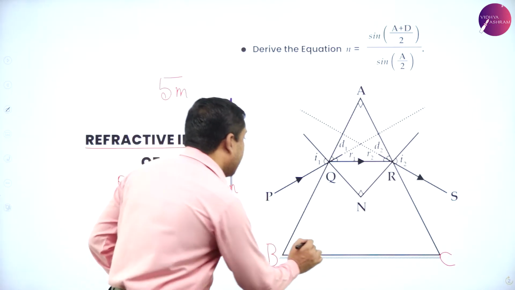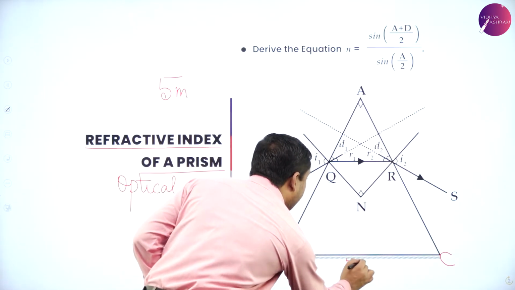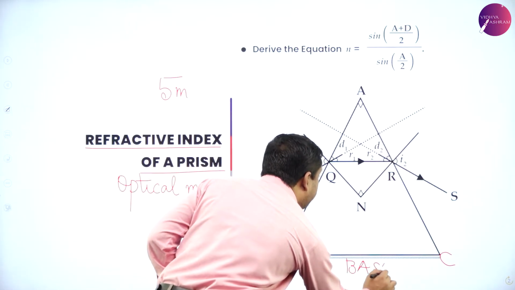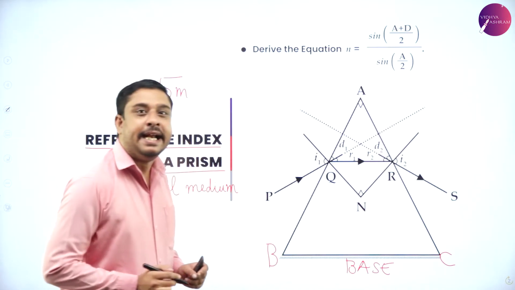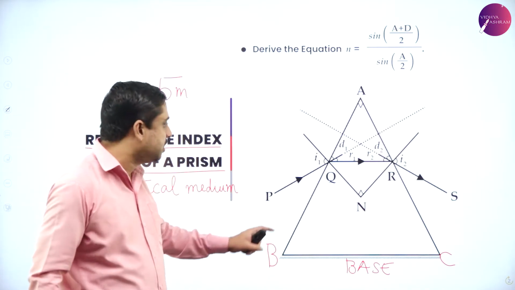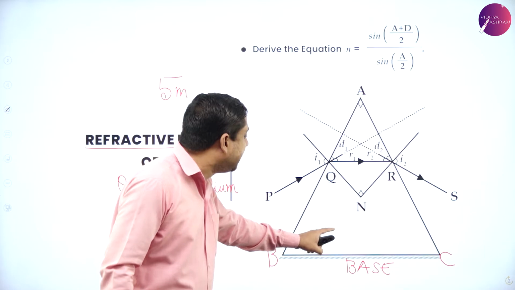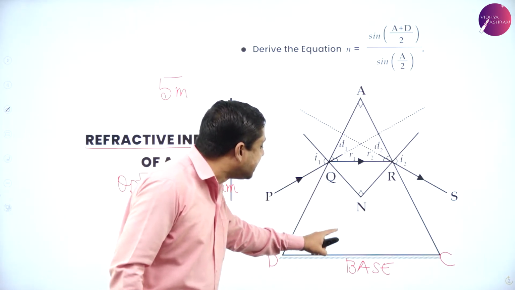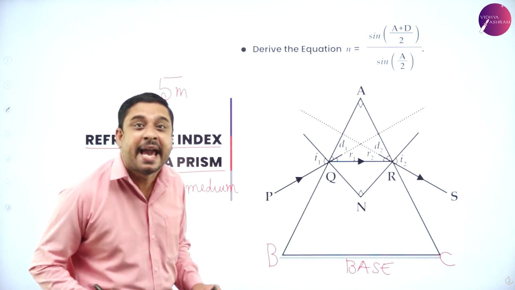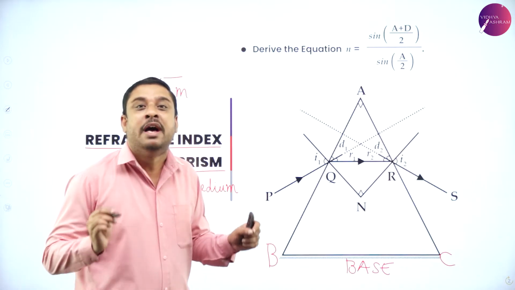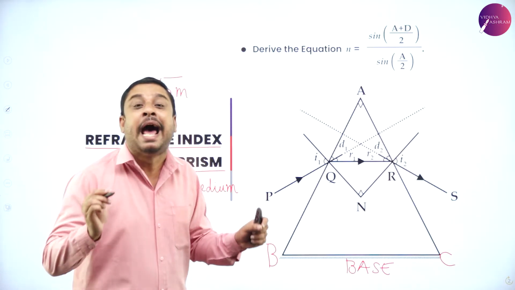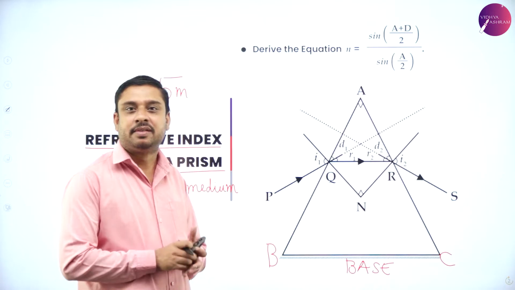Similarly, for a prism, we have a base, indicating that when light is incident on the base, no refraction happens.